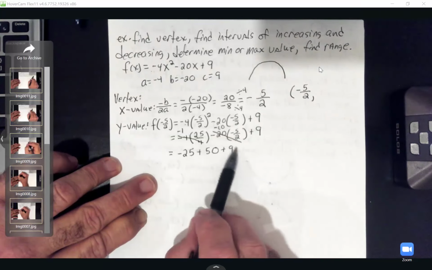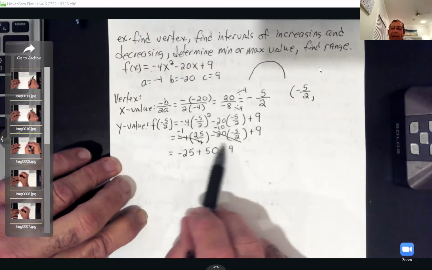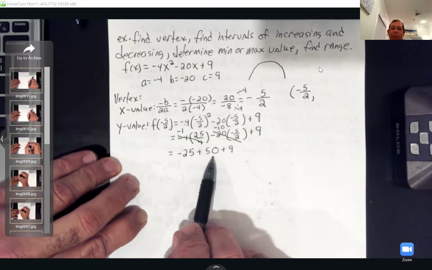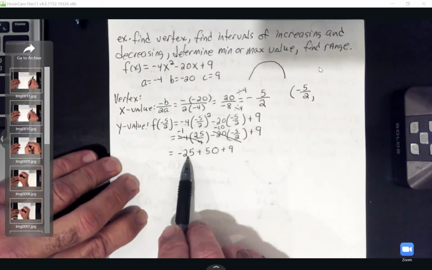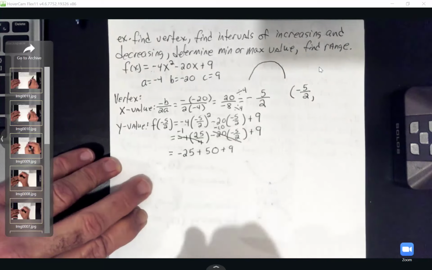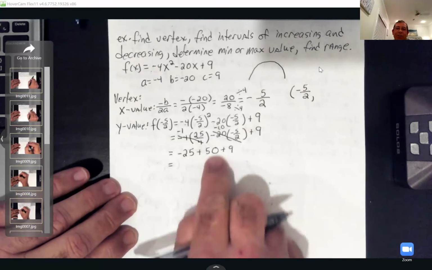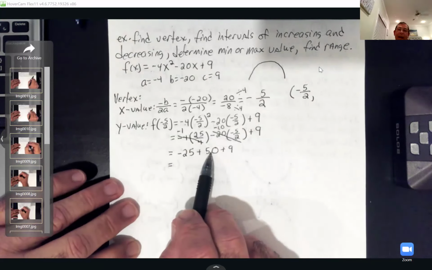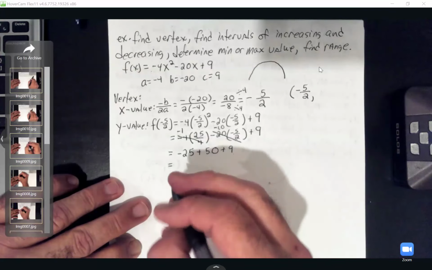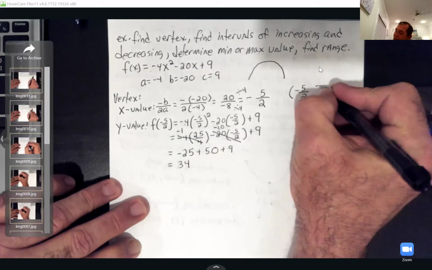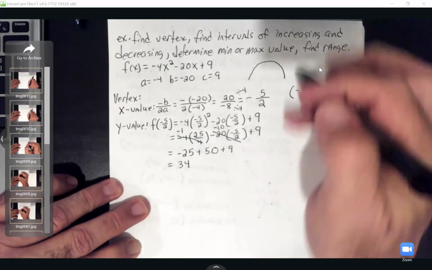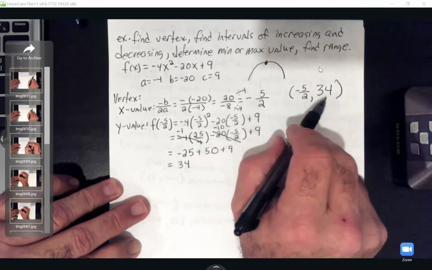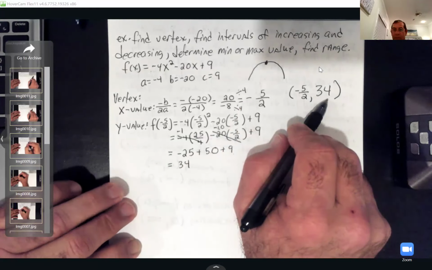Every time I get to this point where I was about ready to add, when you're looking for the y value, are you always noticing the second number is always opposite in sign than the first one and twice as big? Just little patterns you'll see on these. All right, so let's add negative 25 and 50 is 25, plus 9 is 34. So y'all, I now know my vertex point right here has the x value of negative 5/2, and it has a y value of 34.